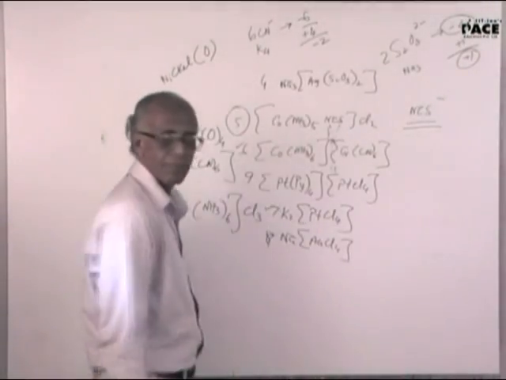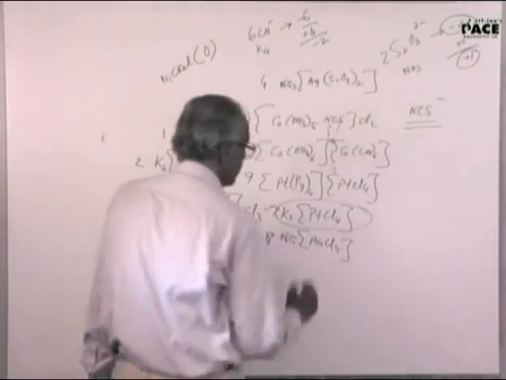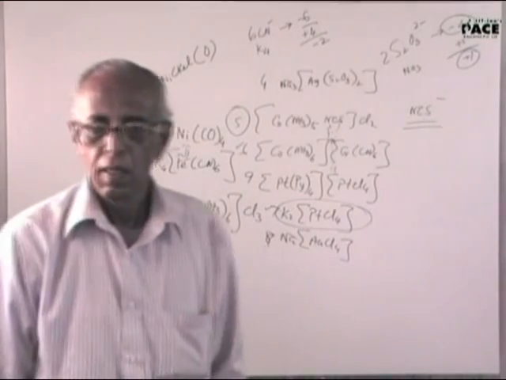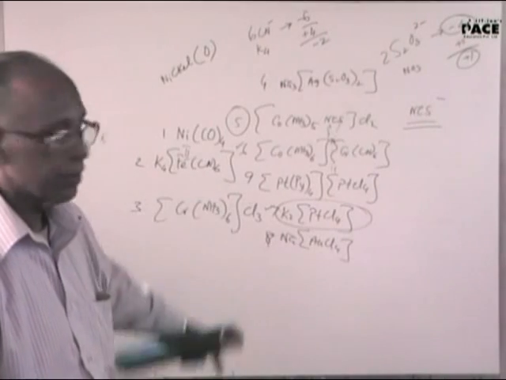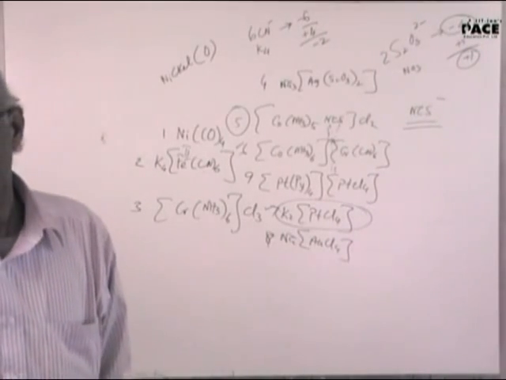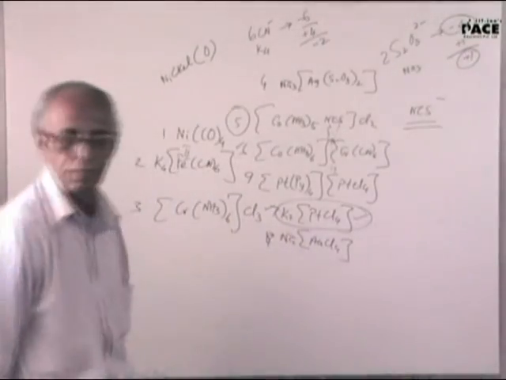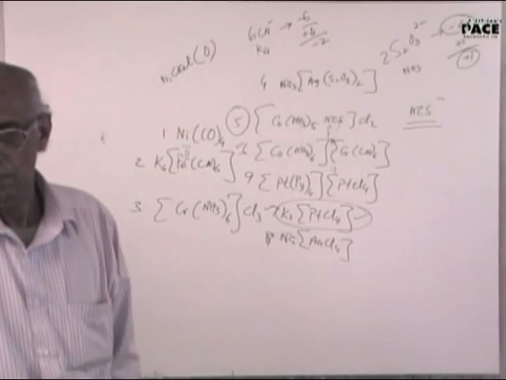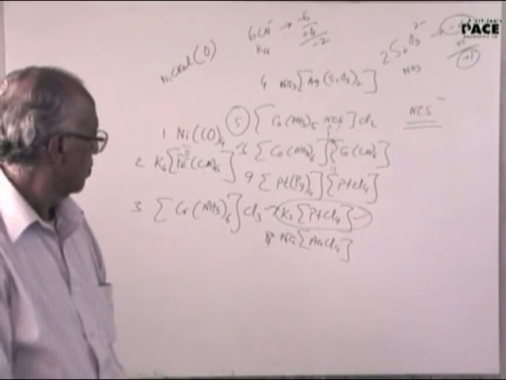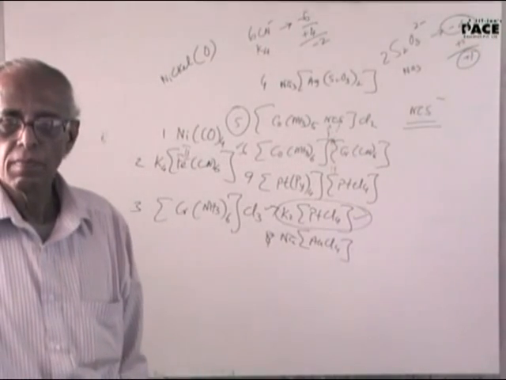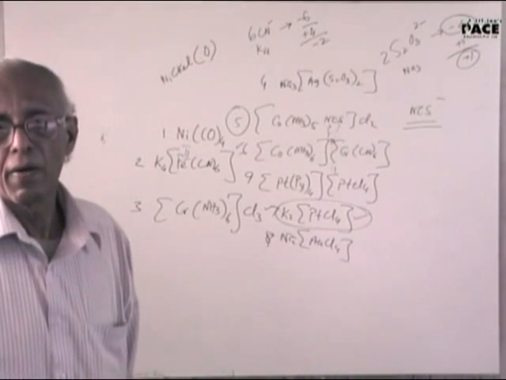Number 7. Tetrapyridine platinum. Potassium tetrachloroplatinum.